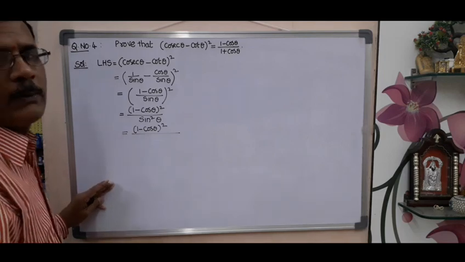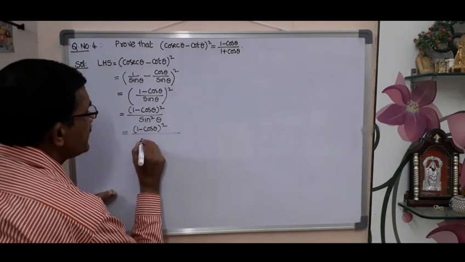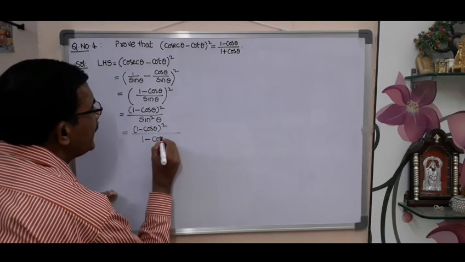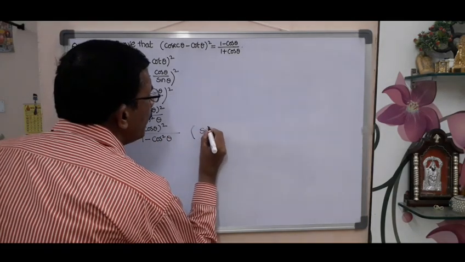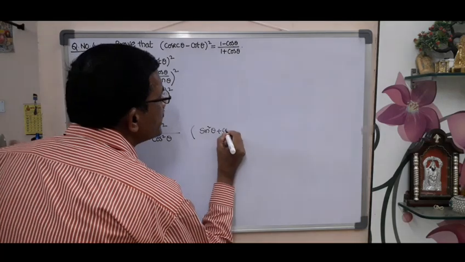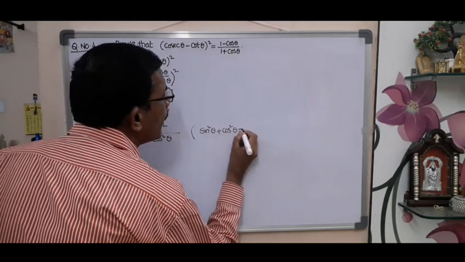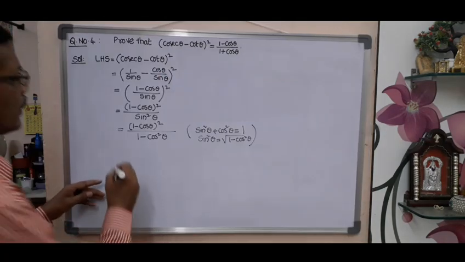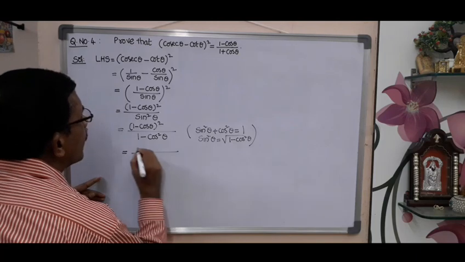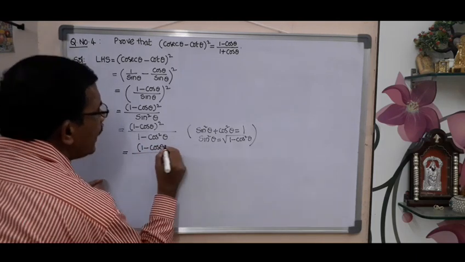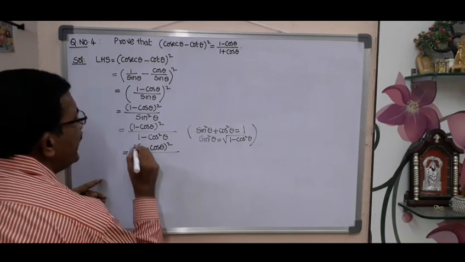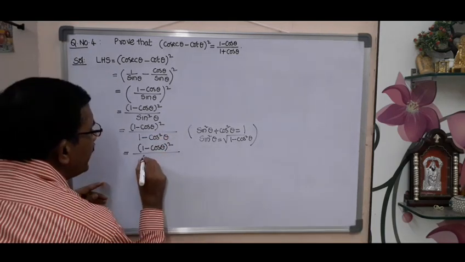From identity 1, sin square theta can be written as 1 minus cos square theta. Identity 1 is sin square plus cos square is equal to 1. Now, 1 minus cos square theta is in the form of a square minus b square.